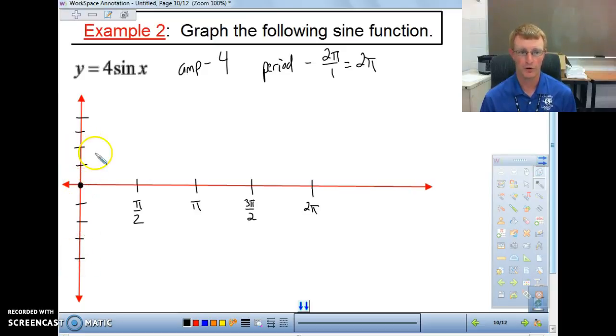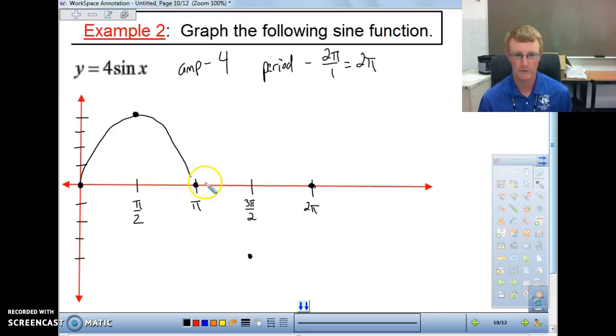So our first point, because our sine graph goes up to 1 after pi halves, and the amplitude is 4, it'd be 1 times 4, so it's now 4. It'll come back to 0 at pi. It'll go down to negative 4 at 3 pi over 2 and back to 0 at 2 pi. And again, the graph looks almost identical. It just has a different amplitude.